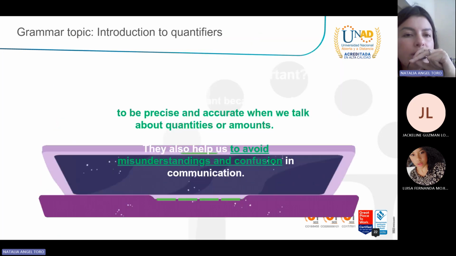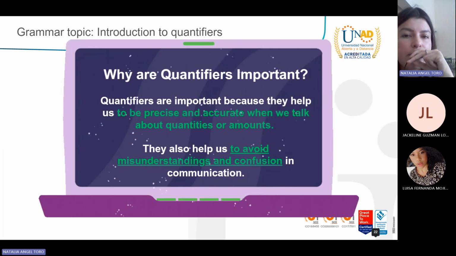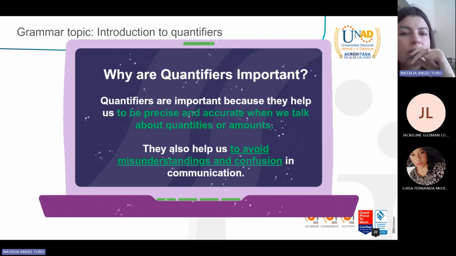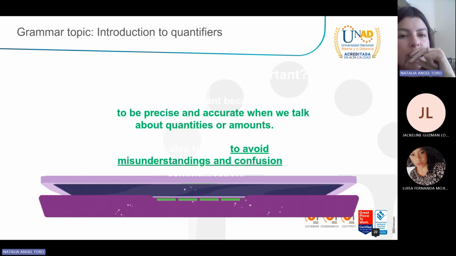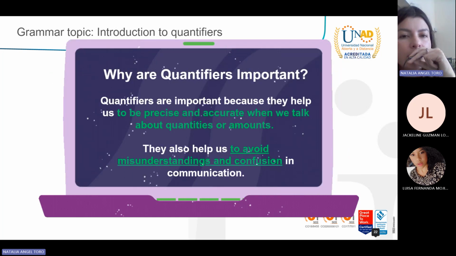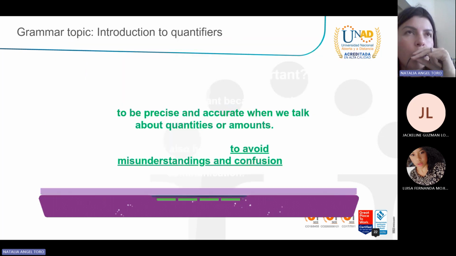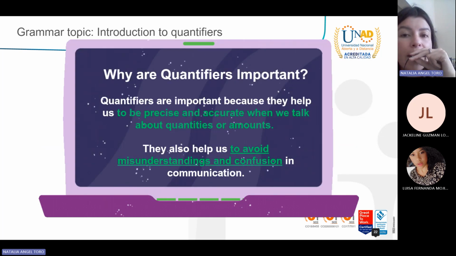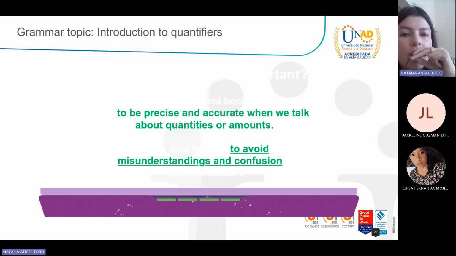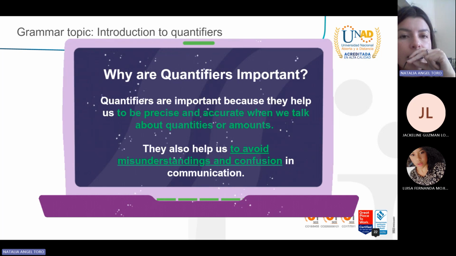So the question is, why are quantifiers important? It is important to reflect on that or to ask ourselves, because sometimes we know how to use some words and we practice some words, but we are not really conscious of the importance.